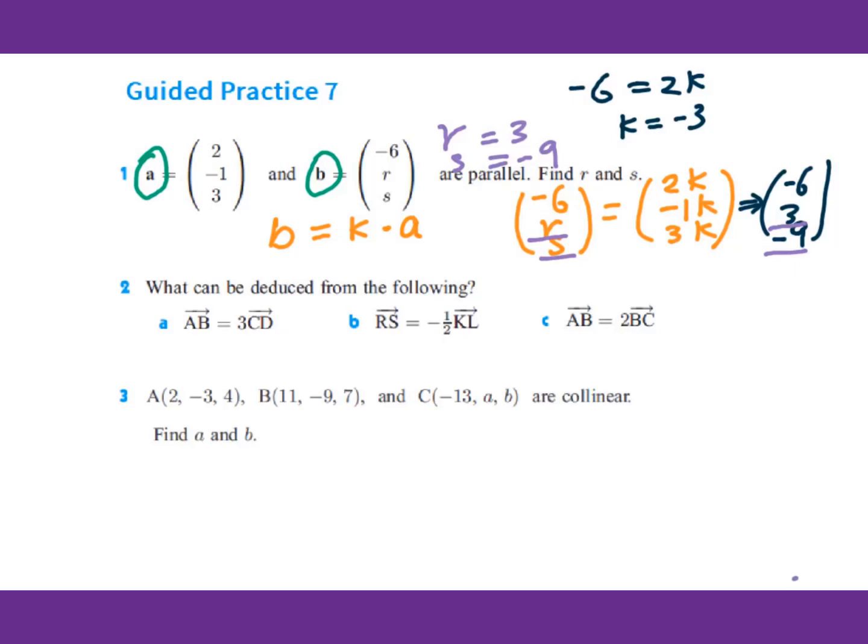For number 2, what can be deduced from the following? Normally you will say, are they parallel? Are they equal to each other in size? Or are they opposite? So for A, vector AB equals 3 times vector CD. We can draw the conclusion vector AB parallel to vector CD.